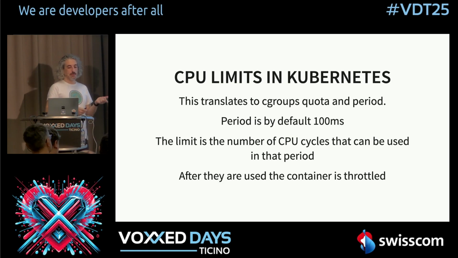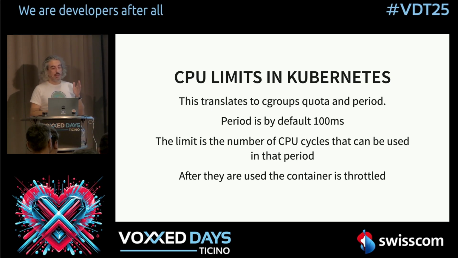Limits in Kubernetes is different. Everything in Kubernetes translates to cgroups, the kernel cgroups. And limits translates to quota and period. So when you say, I don't want this container to use more than one CPU, it's not really that it's limited to use one CPU all the time.